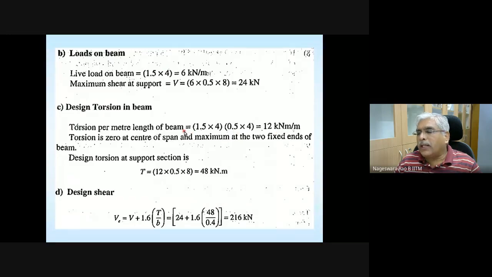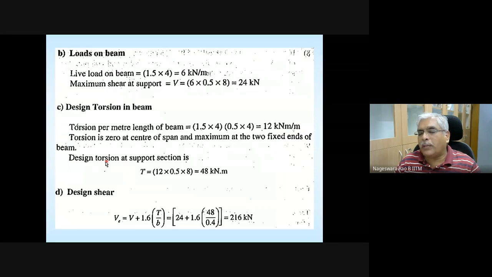And please note, what is going to be the total torsion? This is per meter length of beam. So 8 meters is the span of the beam. And at each support, what is going to be the reaction? Because of this torsional moment, half of it is going to be the reaction. So this is the torsional moment per meter run multiplied by the span of the beam, 8 meters.